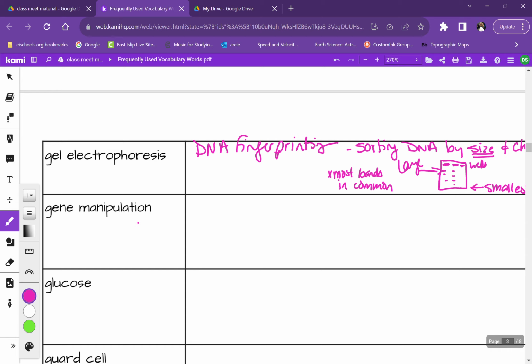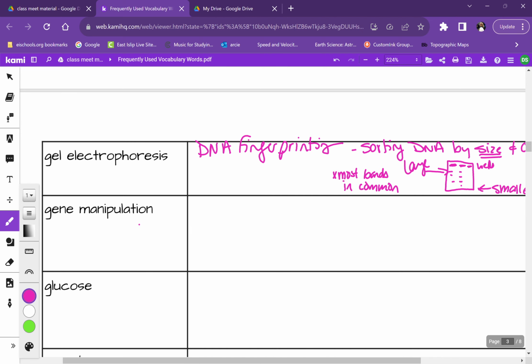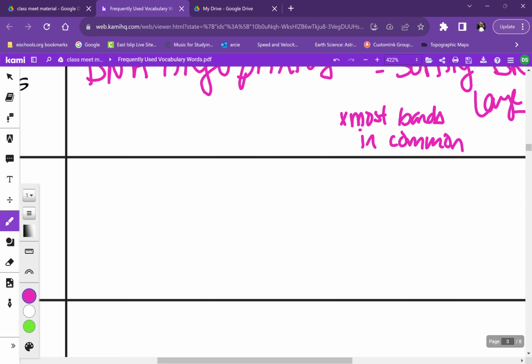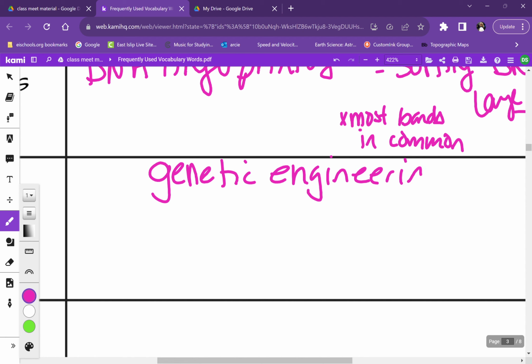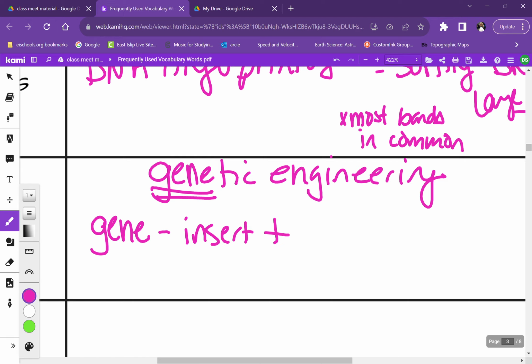Okay, next word is gene manipulation. Another way to say gene manipulation is genetic engineering. So what you're actually doing right here, you are taking a gene and you're going to insert the gene into a new organism.